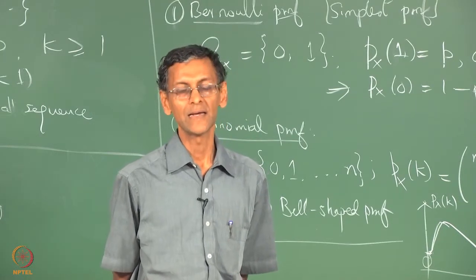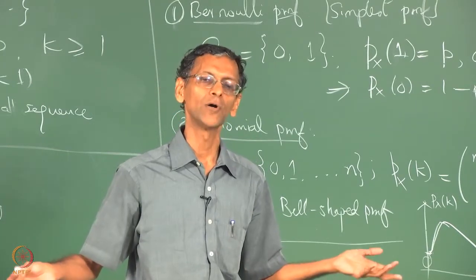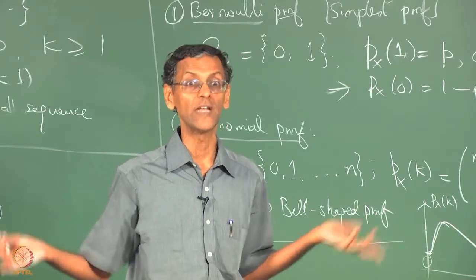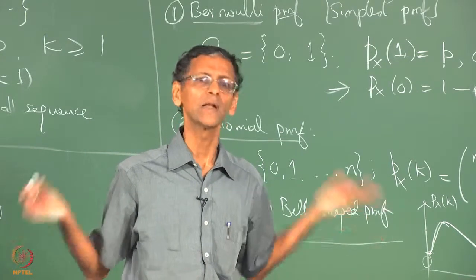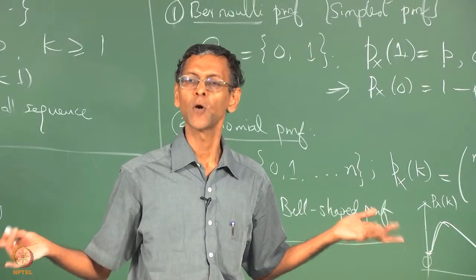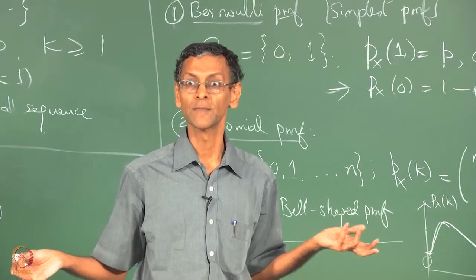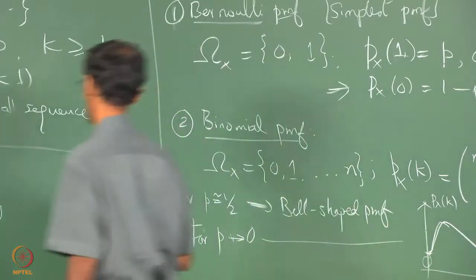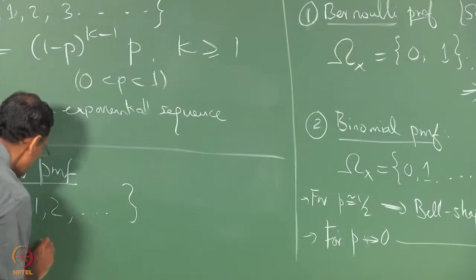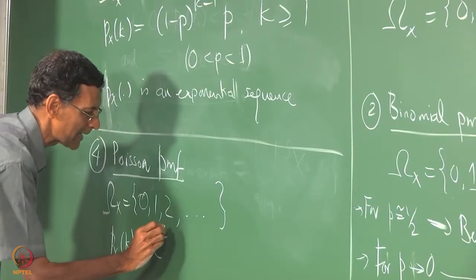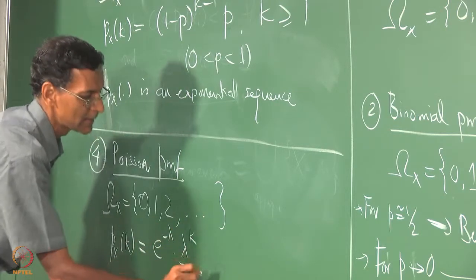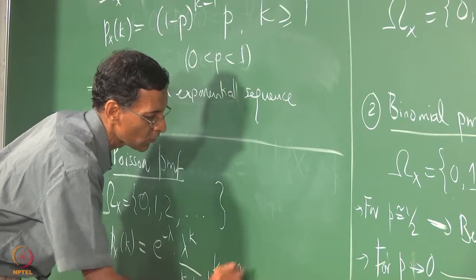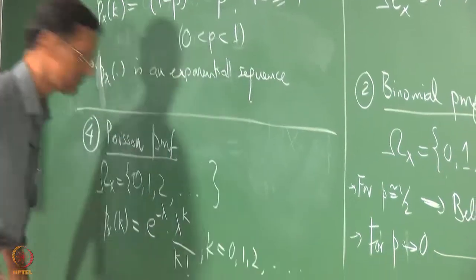It can be any non-negative number, going from very close to 0 to very high, and the nature of the Poisson PMF is fundamentally different for small values of lambda and large values of lambda. So what is it in terms of lambda? It is e power minus lambda times lambda to the power of k by k factorial, for k equal to 0, 1, 2 like that.